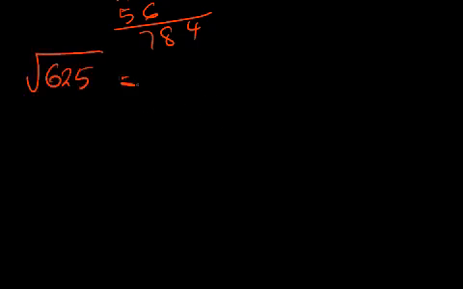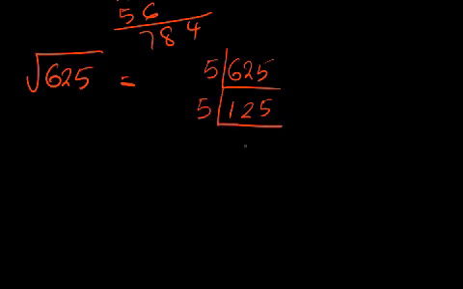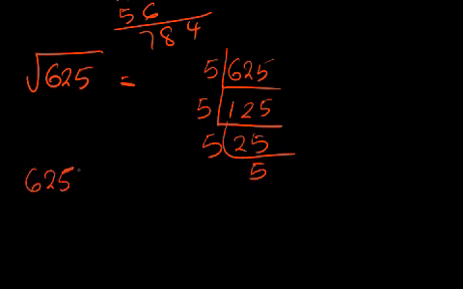First factorize 625 like this. It's divisible by 5. So 125. It's again divisible by 5. Then 25, it's again divisible by 5. So you can write 625 is equal to 5 into 5 into 5 into 5.